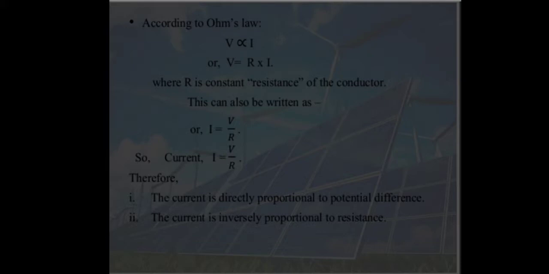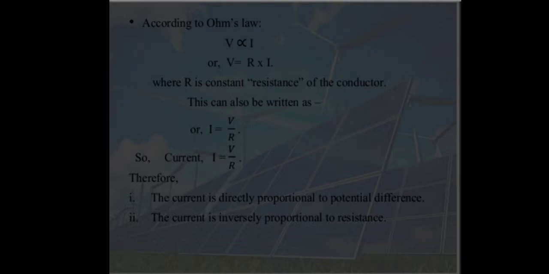It means whenever the potential difference is high, the current flowing through a conductor also increases. And if the resistance of the conductor is increased, the current flowing through the conductor is less. If the resistance is low, then the current flowing through the conductor is high.